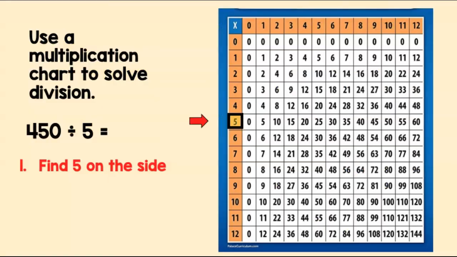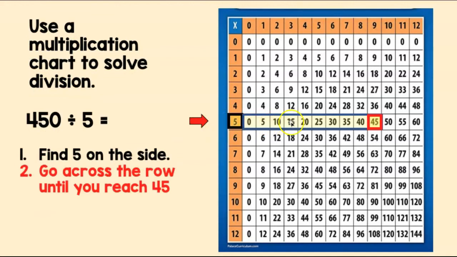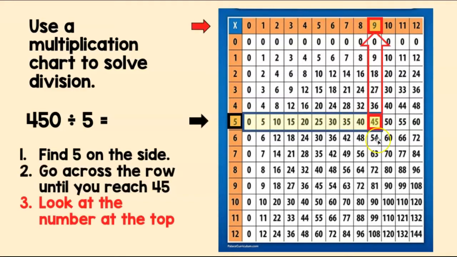You can use a multiplication chart to solve division. 450 divided by 5. If we remove that 0 again and we find just our 5 on the side, we're going to go across until we get to 45. Now that we're at 45, we look up and our answer is in this top box.